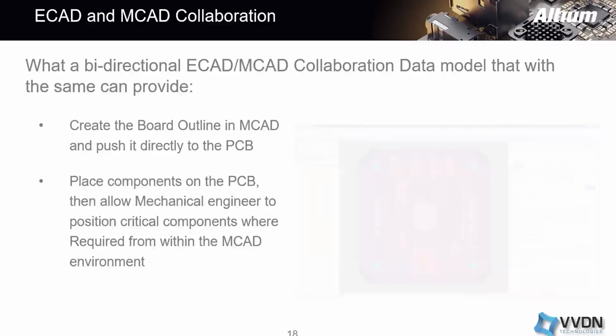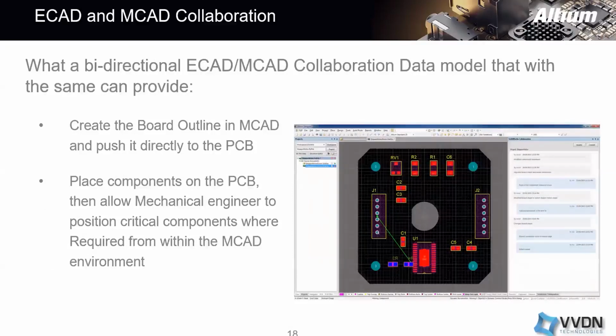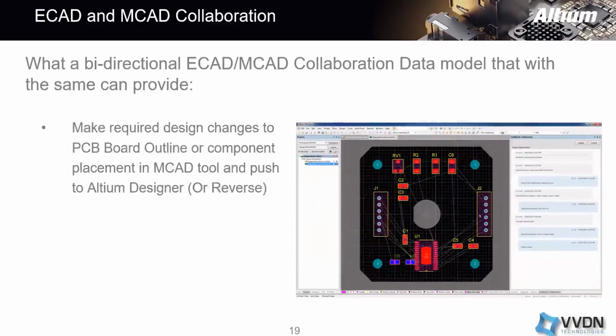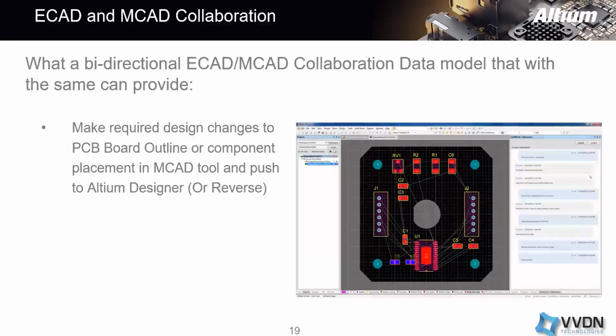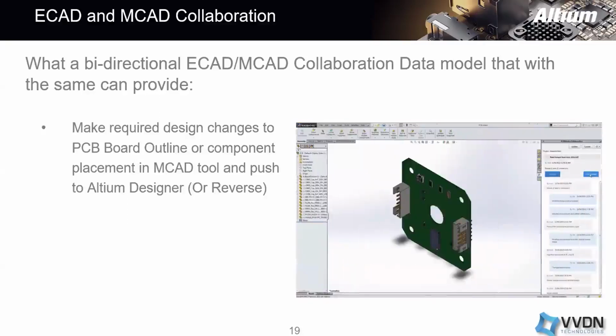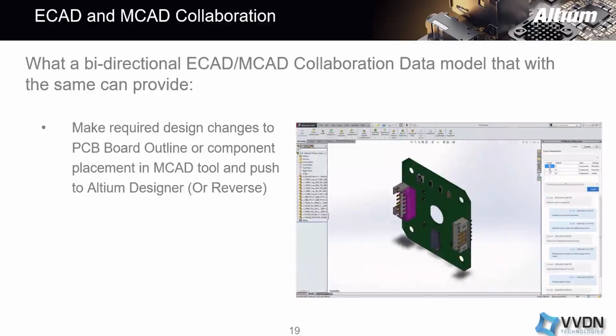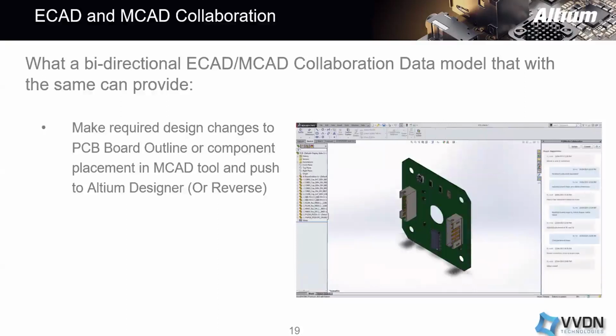Then if you see the placement option also, we can directly place our components like that. I can place and we can push it, and it will appear in the MCAD tool also. So through the ECAD MCAD connector we can do this, and vice versa also.